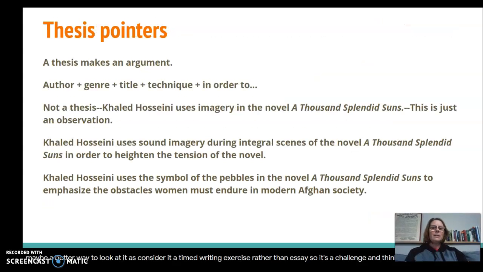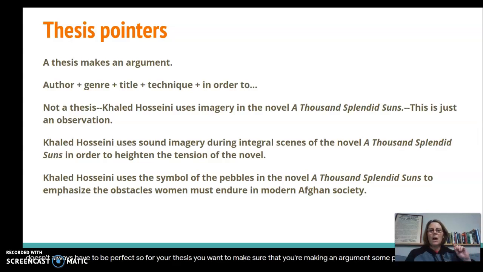So for your thesis, you want to make sure that you're making an argument. Some pieces of that argument are sort of absolutes. So you always have to include the author in your thesis, or if you address that author earlier, that's okay as well.